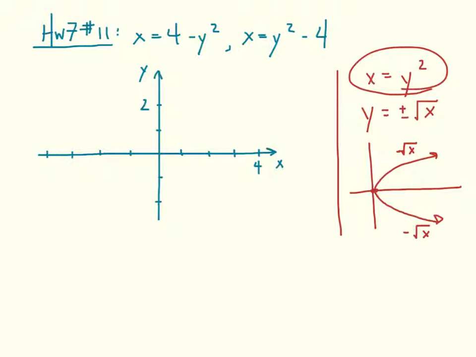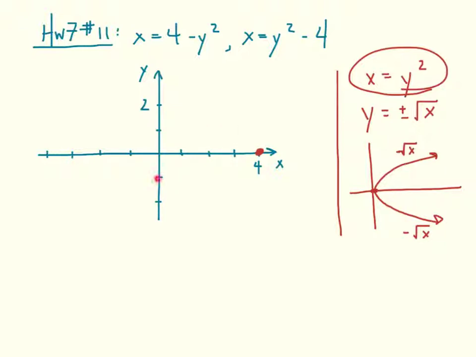So that all being said, if we look at x equals 4 minus y squared, what changes? We've got a minus sign in front of the y squared, which is going to flip the picture over, and we've got a 4, which is going to shift this picture 4 units to the right. So we're going to start 4 units to the right, and then we can plug in a couple of points, except now we want to plug in for y and see what happens in the x direction. If I plug in 1 for y, I get 4 minus 1, which is 3.